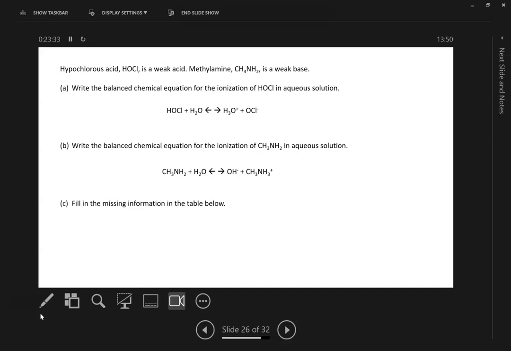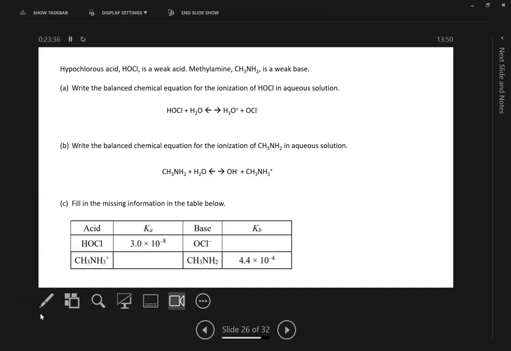Now the question says, fill in the missing information. So we're given the Ka for HOCl, and we're given the Kb for CH3NH2, and we're asked to calculate the K for the conjugate material. So for OCl minus and for CH3NH3 plus, we've got to calculate those Ks. Now, we can recall that Kw is Ka times Kb.